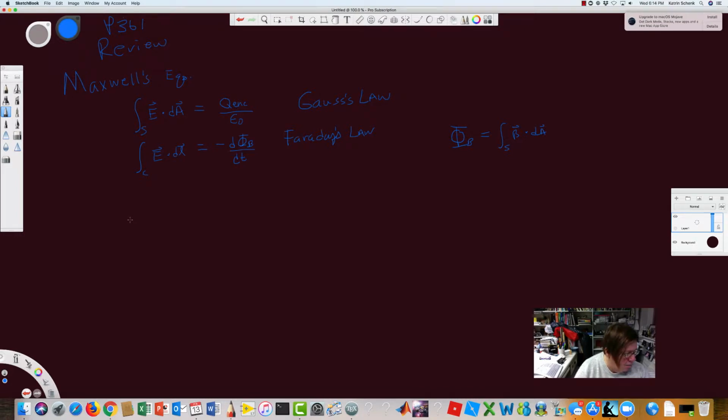Okay, and now the next one, which really doesn't have a name, but people have various different names for it. One is the magnetic Gauss's law. I hate that name for it. Other people just call it no magnetic monopoles, and I'll explain that in a second.